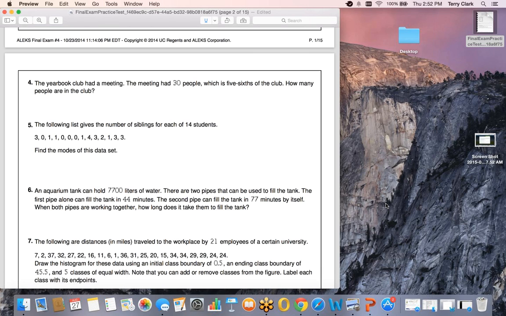Now there are some key words in that statement that we've got to be able to identify and use. Does anybody know what key words are in that statement? 30 people is 5/6 of the club. They let us know what math symbols and operations to use. Correct, Michelle. Of means multiply. And Joe, what does is mean?